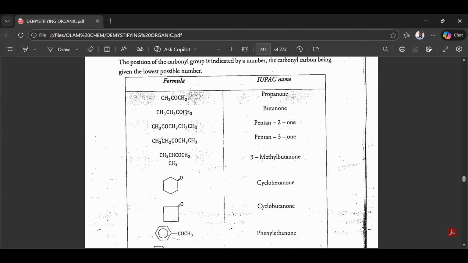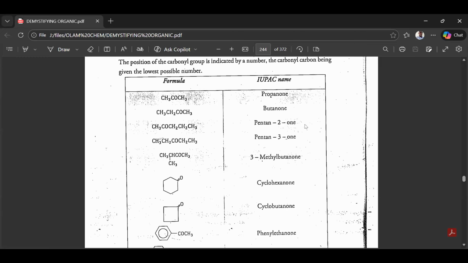Why do you think for butanone you have not called it butane-2-one? Who can give me a reason? Why didn't we say that it is butane-2-one? Why do you think that the third one here, why are we calling it pentane-2-one?